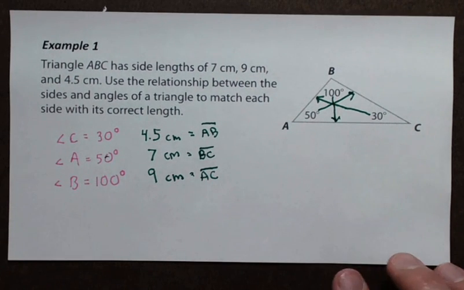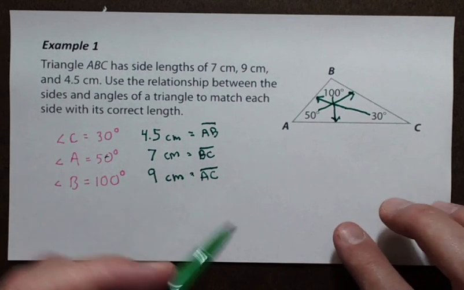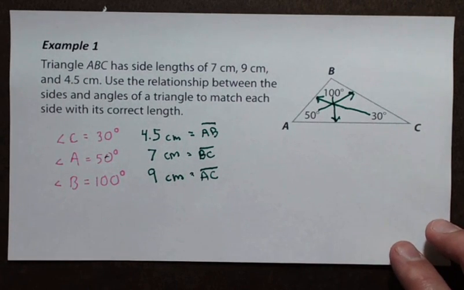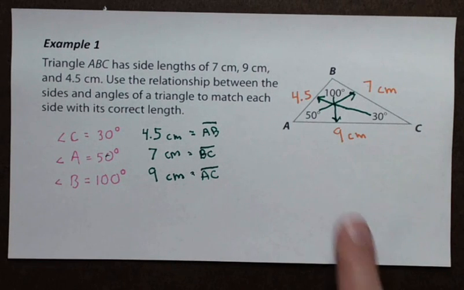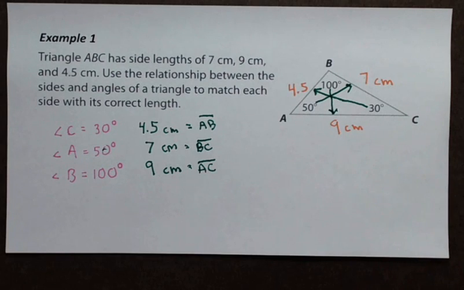Okay, and there is our answer. If I wanted to, I could go in and label these like this. And there we go. These are the sides that correspond with the angles.